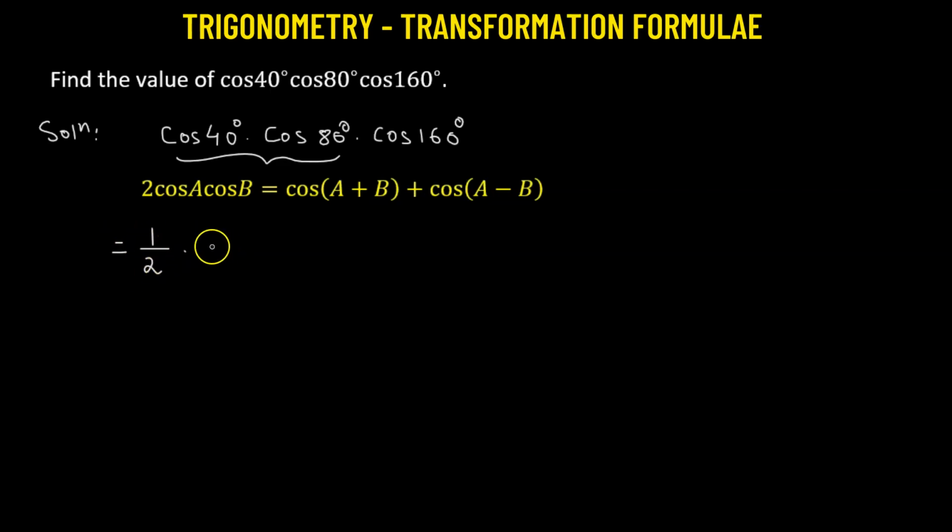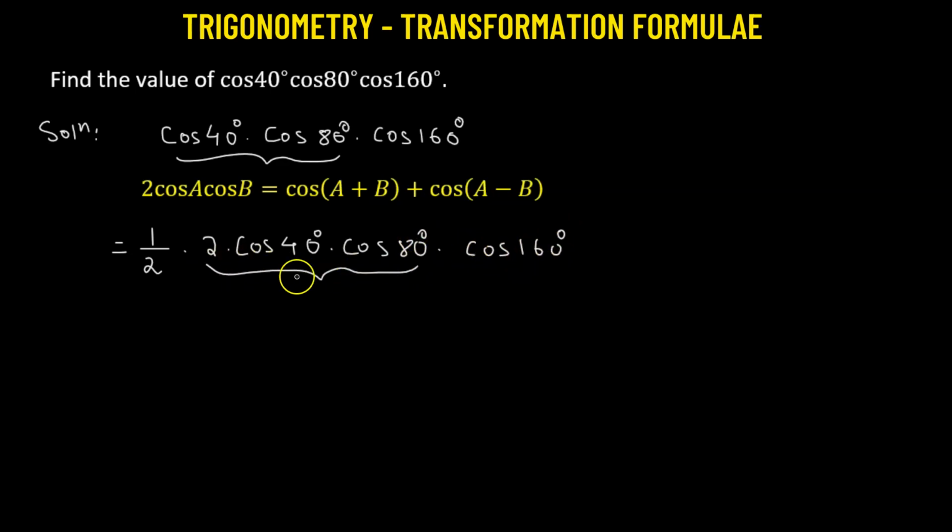So we get half times 2 times cosine 40 degrees times cosine 80 degrees times cosine 160 degrees. So we'll apply the transformation formula to 2 cosine 40 times cosine 80 degrees. So this will become equal to half.